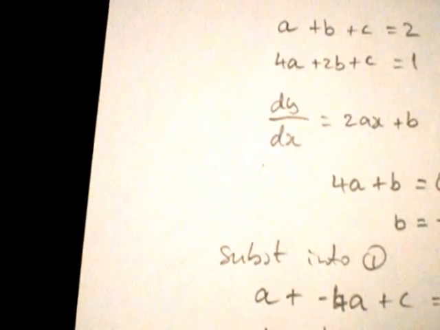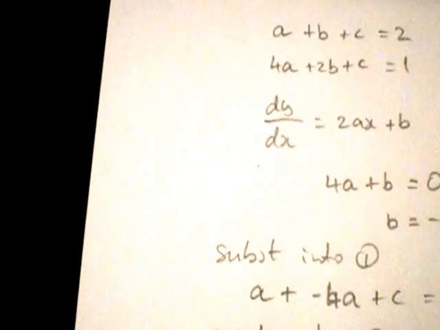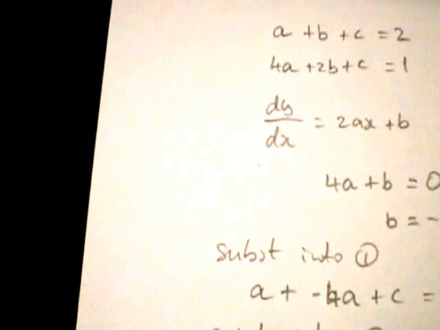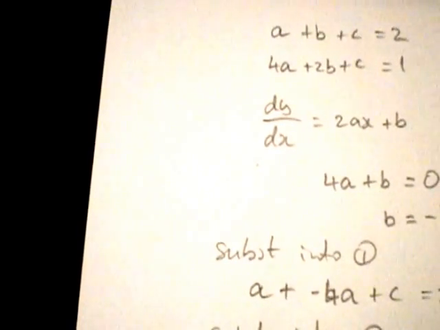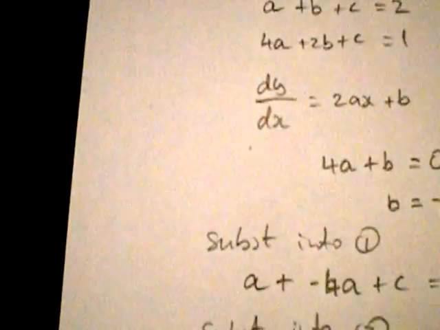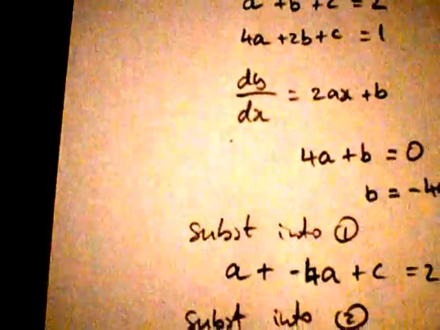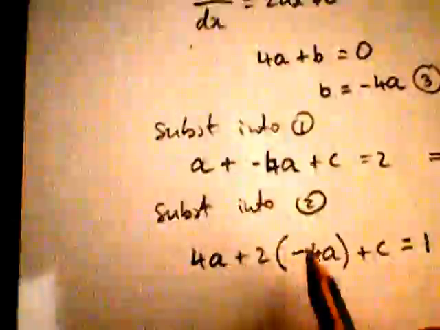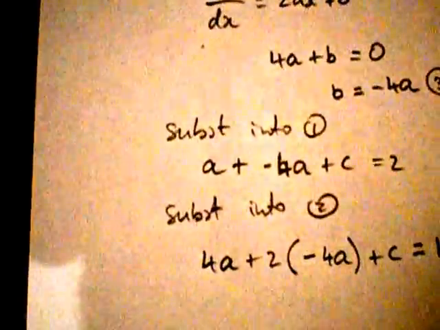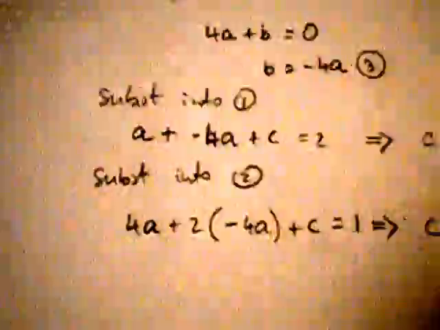So this goes to c minus 3a equals 2, and this one gives c, well, this bit here goes to negative 8a, so c minus 4a equals 1.